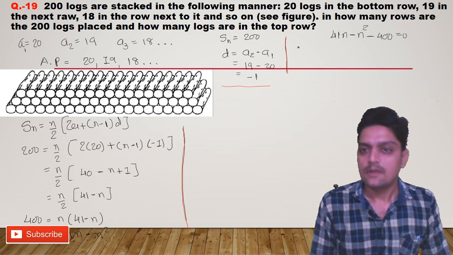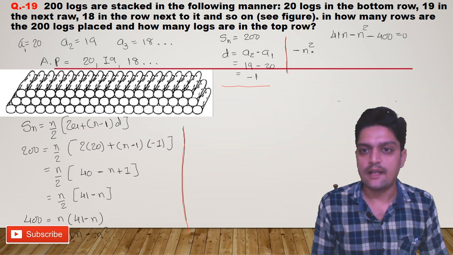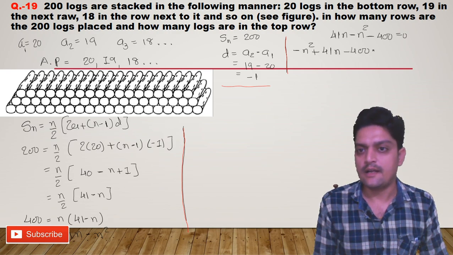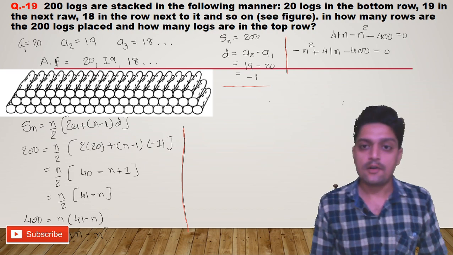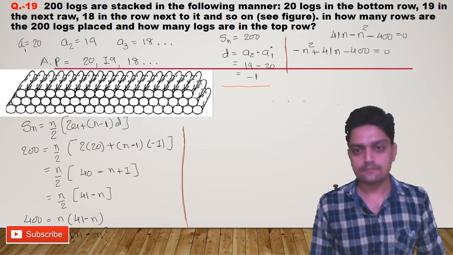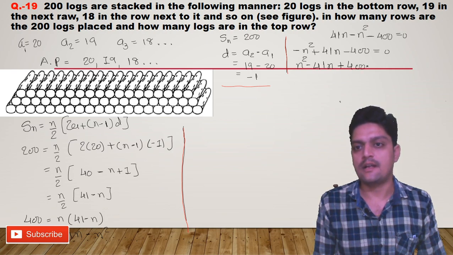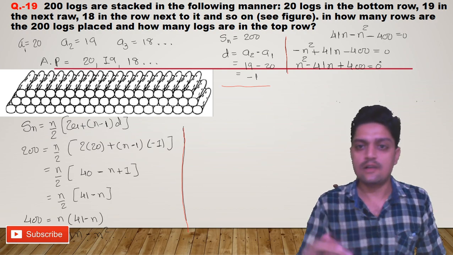So I will write in standard form: minus n square plus 41n minus 400 is equal to 0. As per tradition, we cannot write the first term as negative. So I will write n square minus 41n plus 400 is equal to 0, because all signs will change.